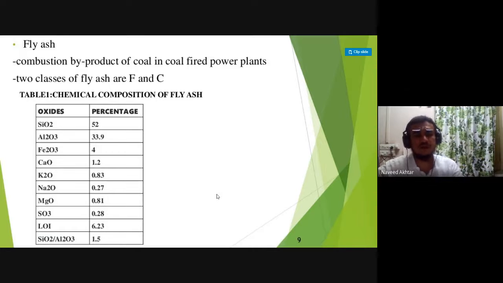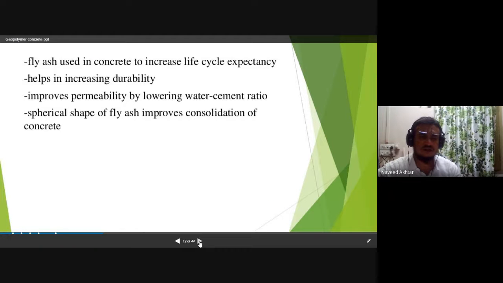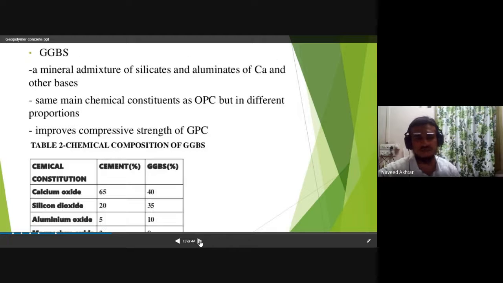This is the chemical composition of fly ash in this slide. Fly ash used in concrete increases the life cycle expectancy and durability. Fly ash particles are spherical in shape, so that improves the compaction or consolidation of the concrete.